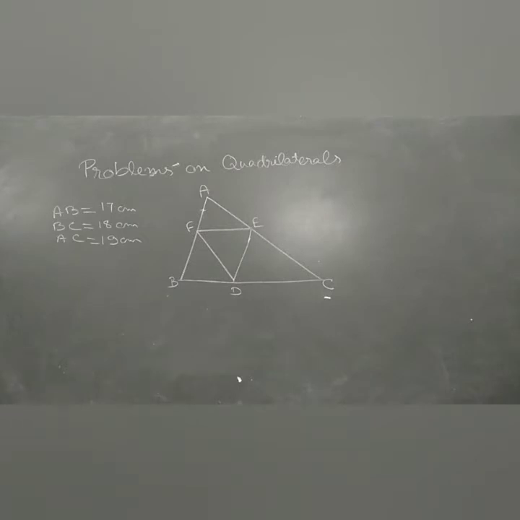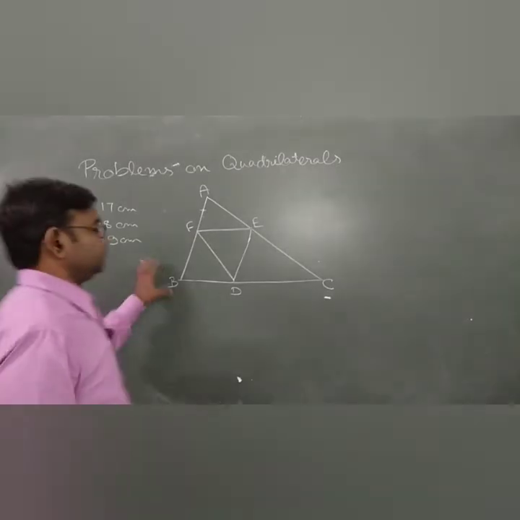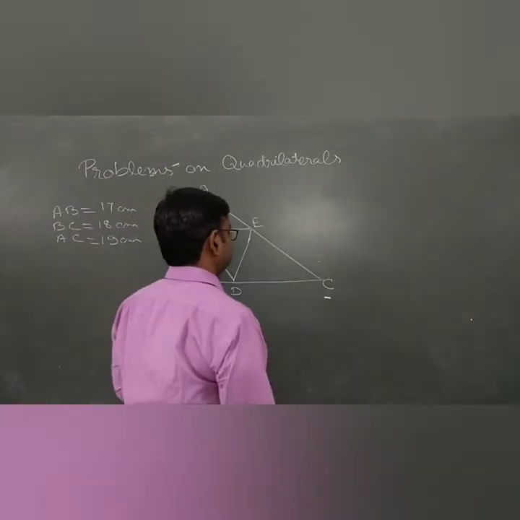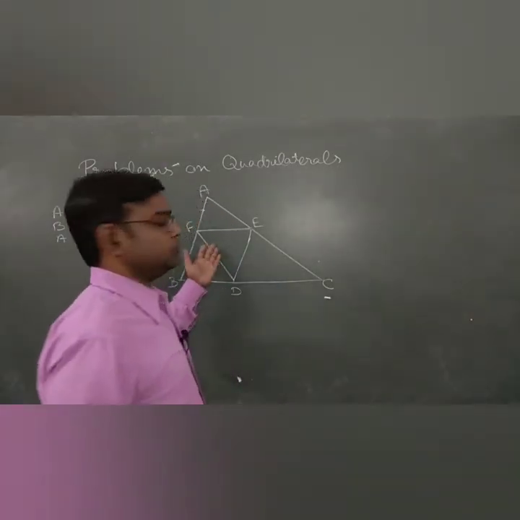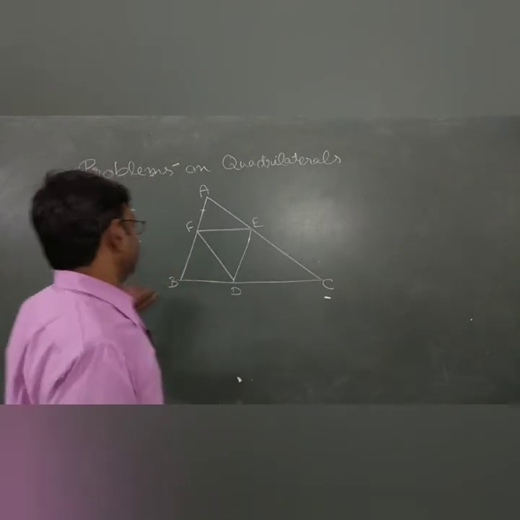If you see the figure, from the midpoint theorem we know, remember this theorem, this is a question of class 9 but it also belongs to higher classes and to parallelograms.